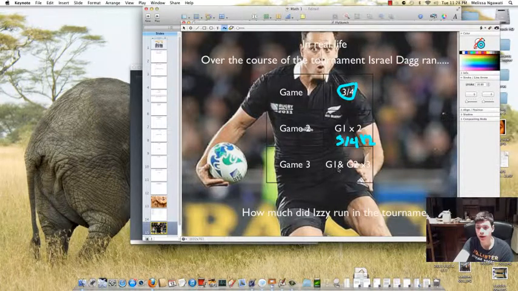And then in Game 3, he ran Game 1 multiplied by Game 2, so the answer of this times 3. How much did Izzy run in the tournament?